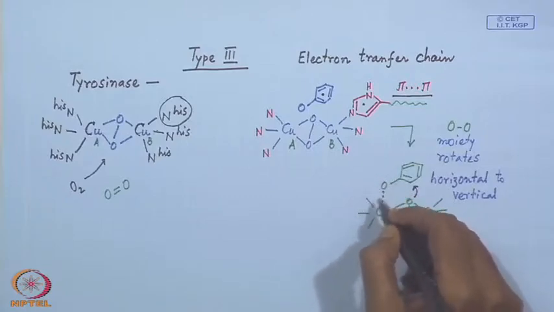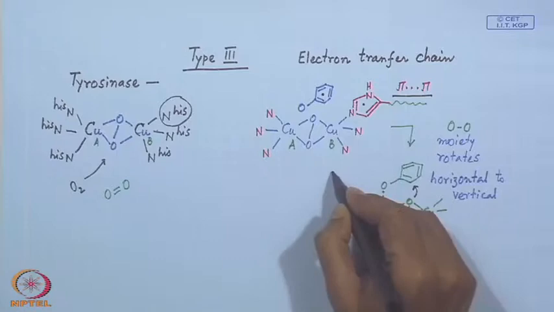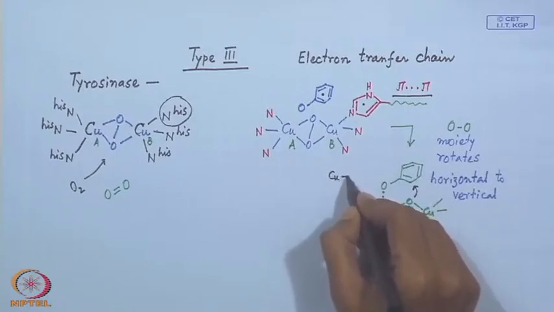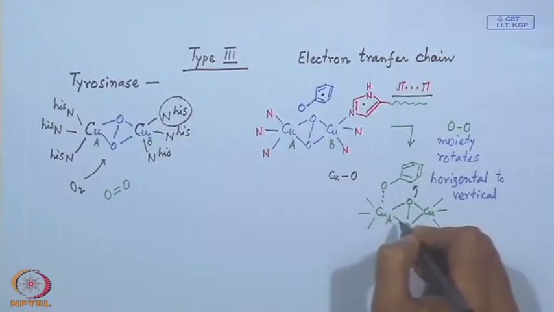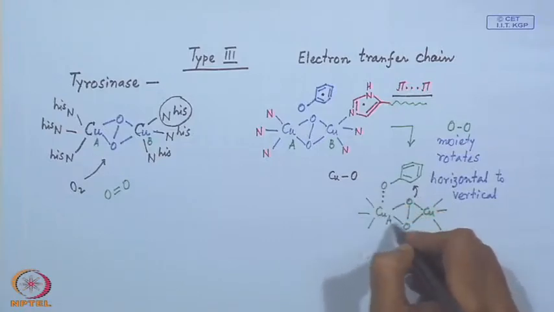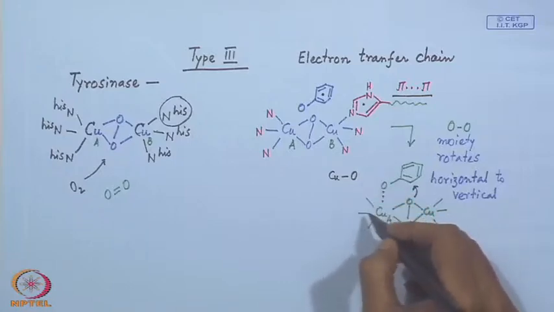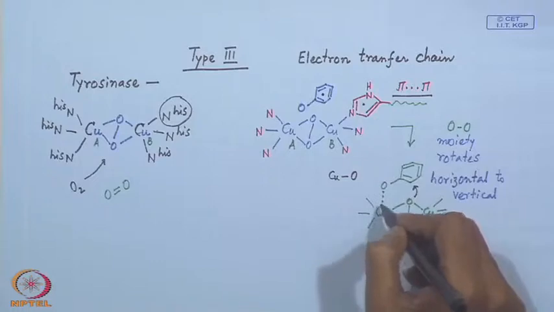When we write in this fashion, that means this bond is longer than the copper oxygen bond. This bond, what we know typically for an apical coordination, is that the basal plane is there and the apical coordination is a long one, and you also expect some Jahn-Teller distortion. Through that you get a long copper oxygen bond.